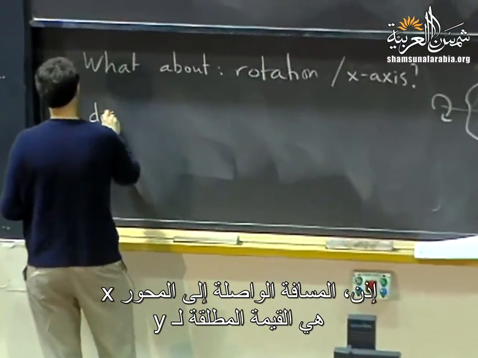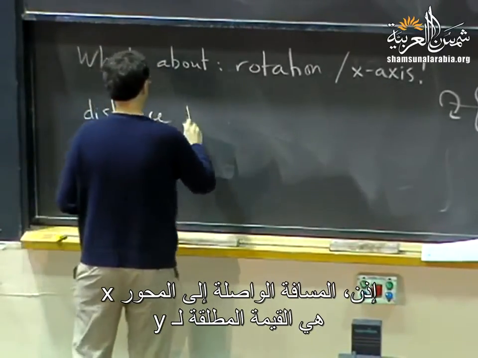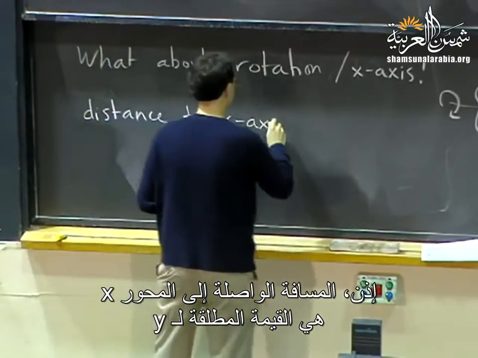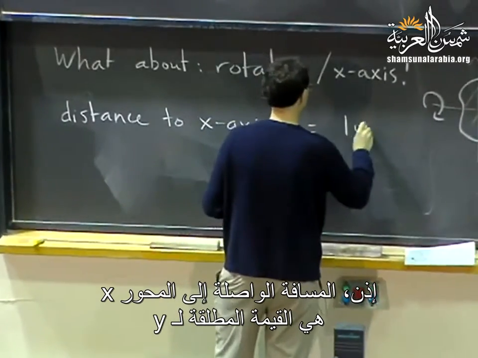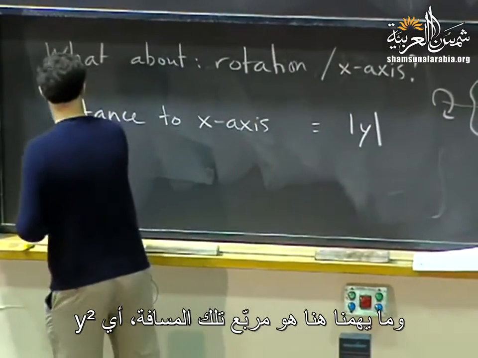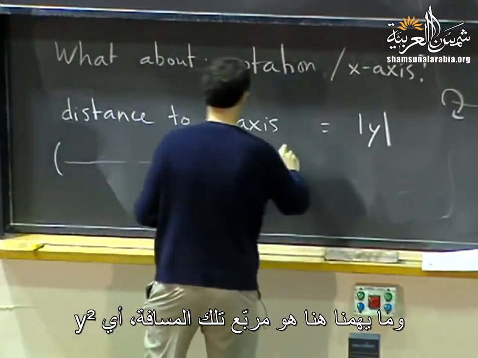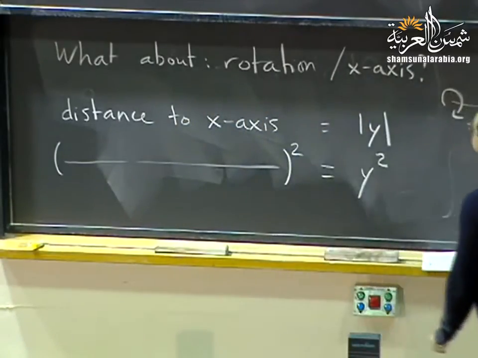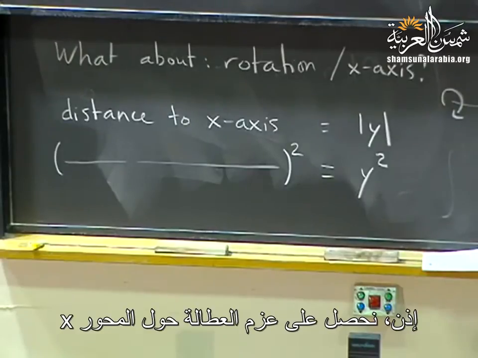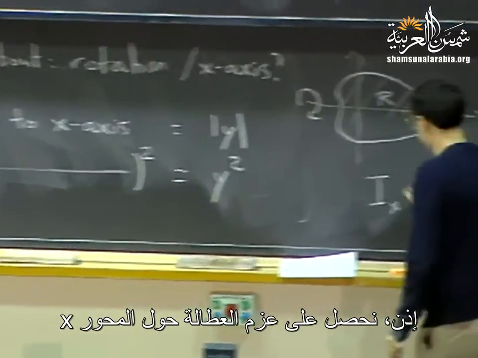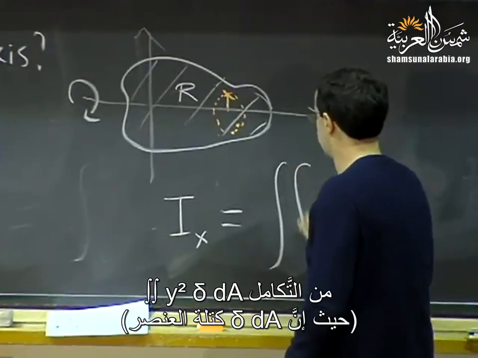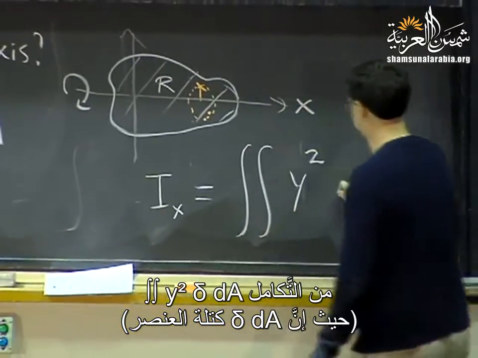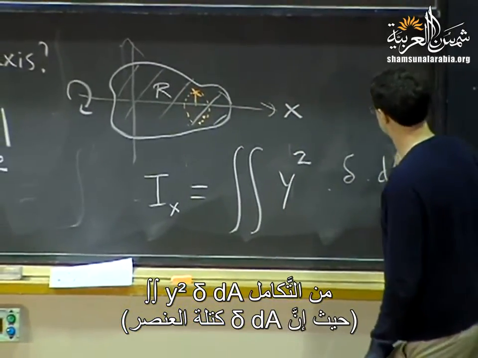Okay, so distance to the x-axis is absolute value of y, and what we actually care about is the square of the distance, so that will just be y squared. So the moment of inertia about the x-axis is going to be obtained by integrating y squared times the mass element.